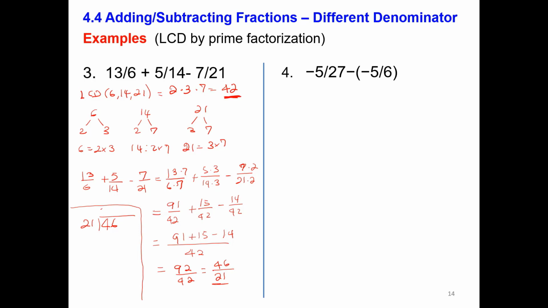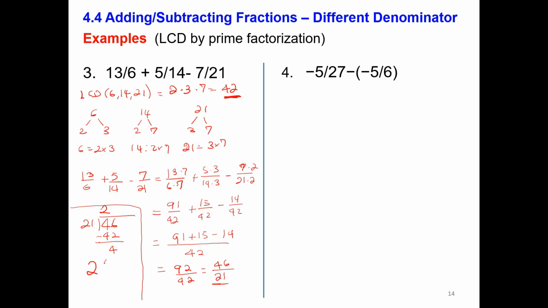How many times 21 goes into 46 is 2, minus 42, and we have 4.